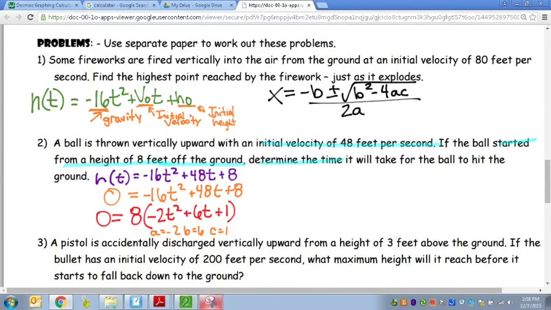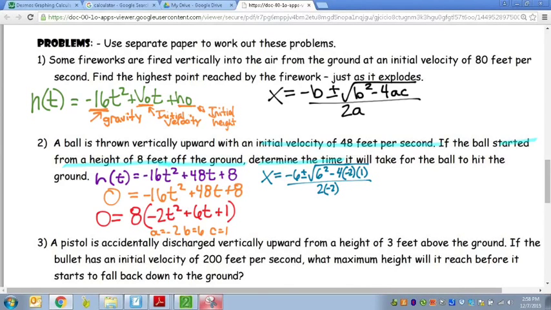So we're going to get x equals negative 6 plus or minus the square root of 6 squared minus 4 times negative 2 times 1, all over 2 times negative 2.